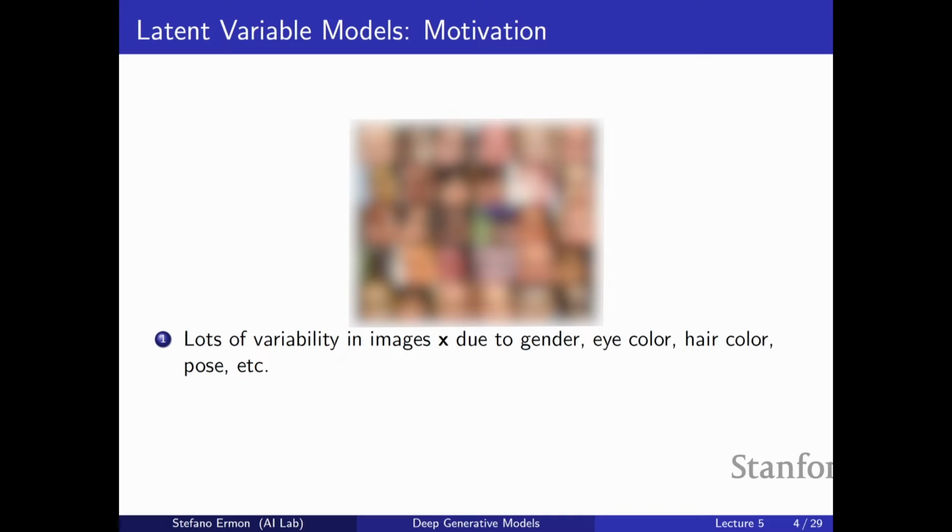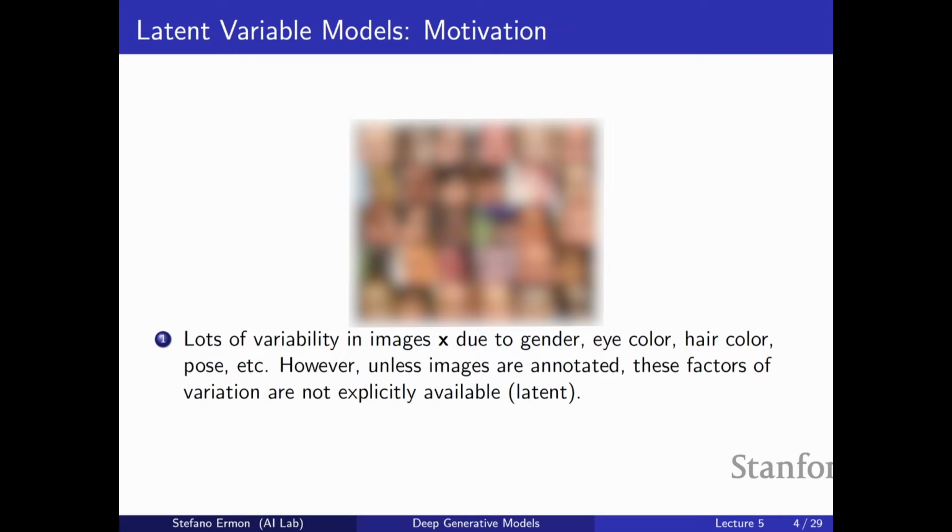And all these things lead to very different values for the pixels in the data set. If you somehow had access to these annotations, it would be easier to model the distribution, because you could build separate models where you're conditioning on hair color or eye color or age or whatever attribute you have access to.